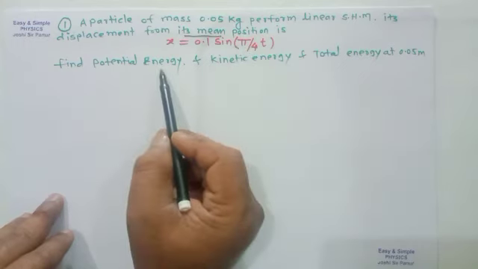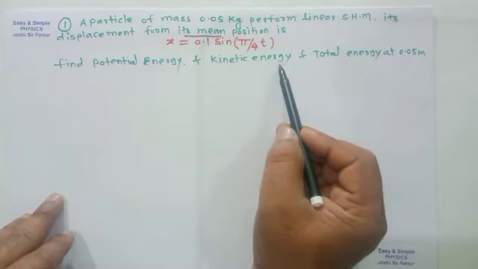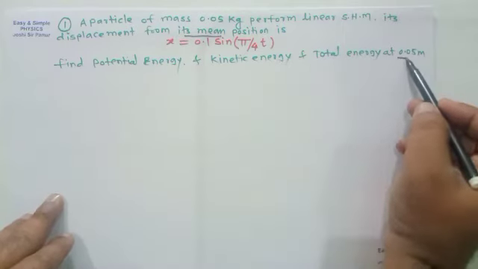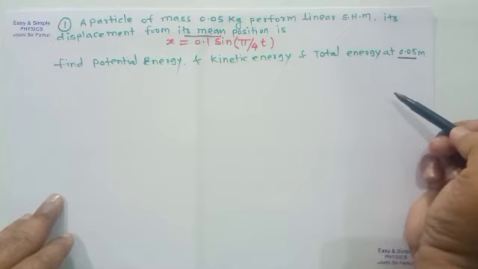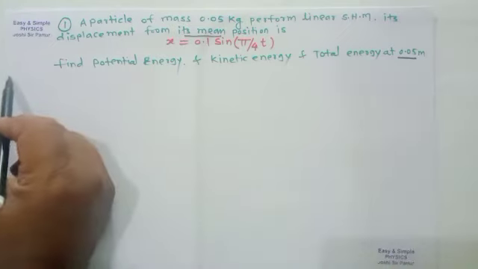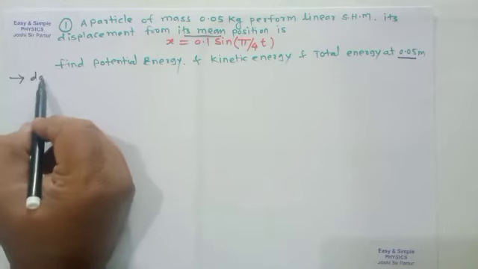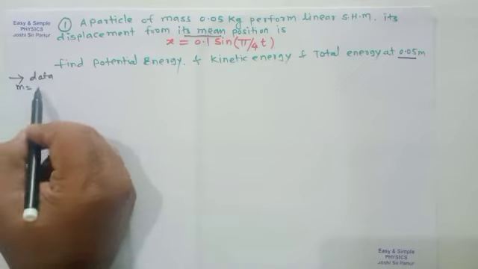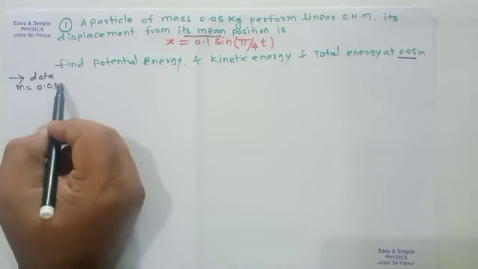Find potential energy, kinetic energy, and total energy at 0.05 meter. So first we note the data: m is equal to 0.05 kg.